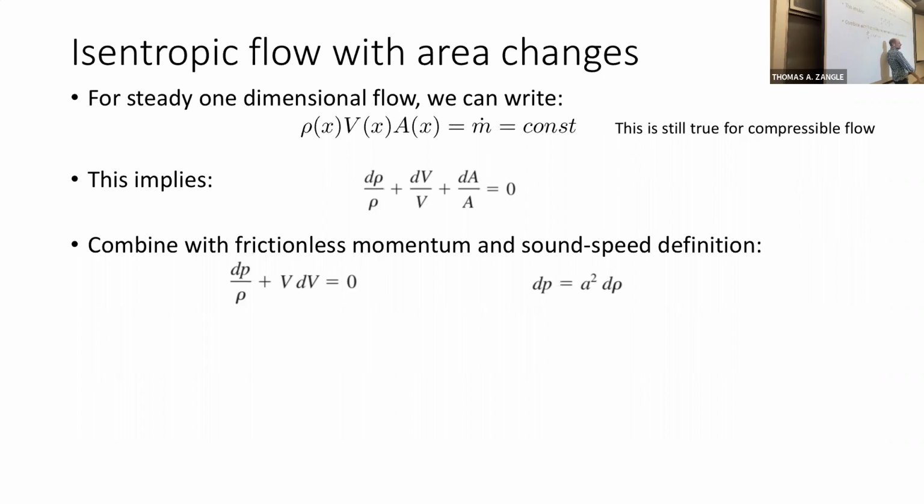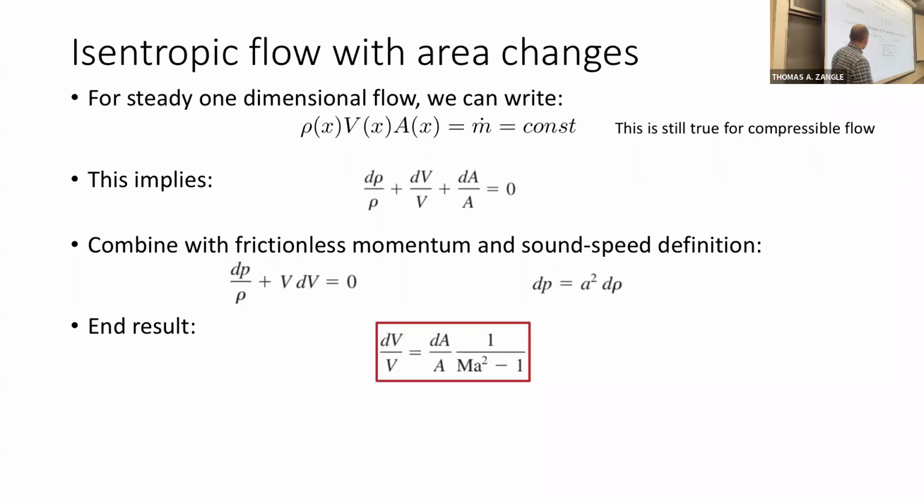This is rho, this is P. For those sitting at the back, maybe that's hard to see, but this is rho and this is P. And from our frictionless momentum expression, again, this is P, this is rho. I need to redo those in LaTeX, I think. And the end result here is this expression here.